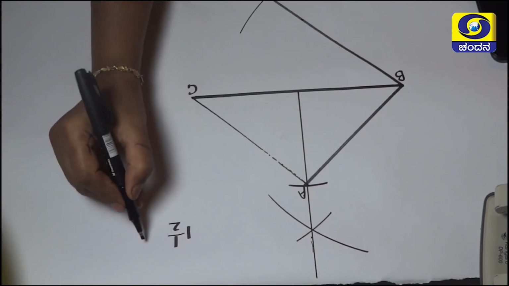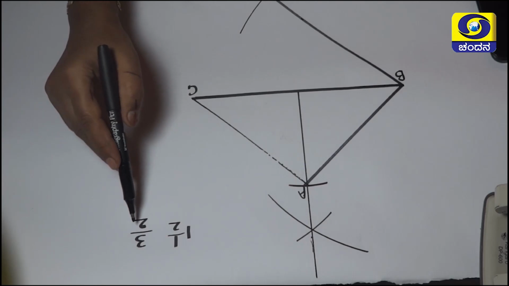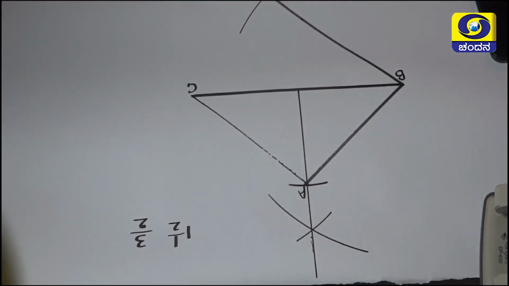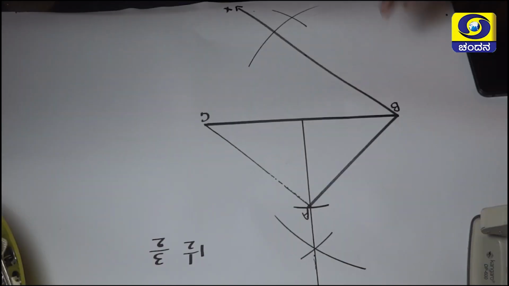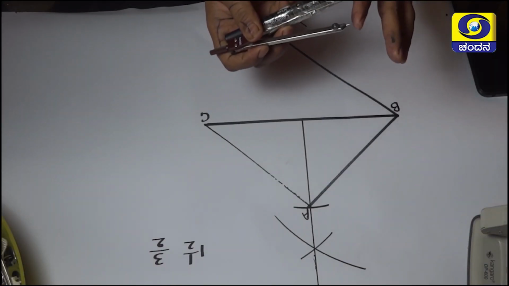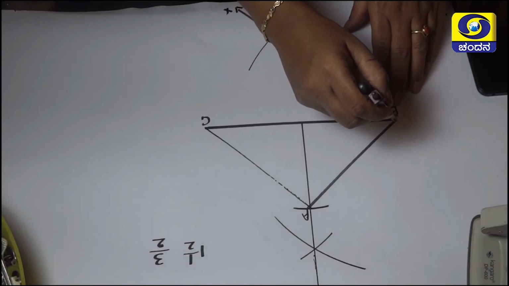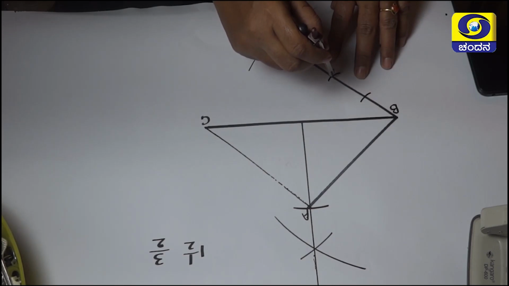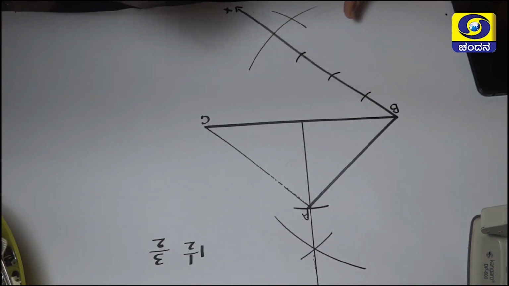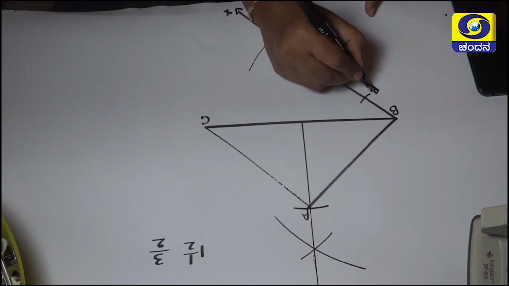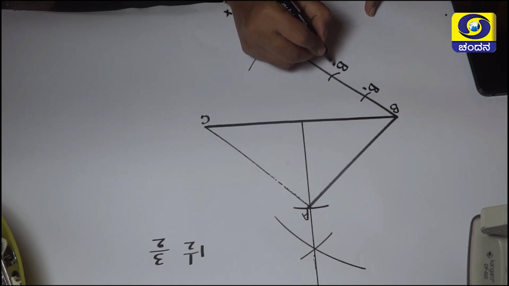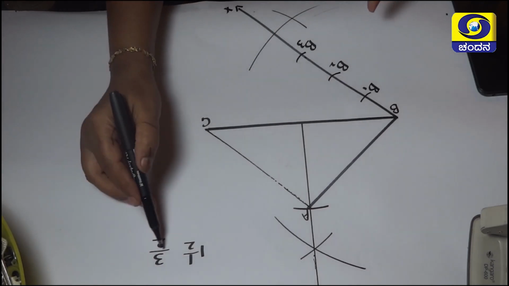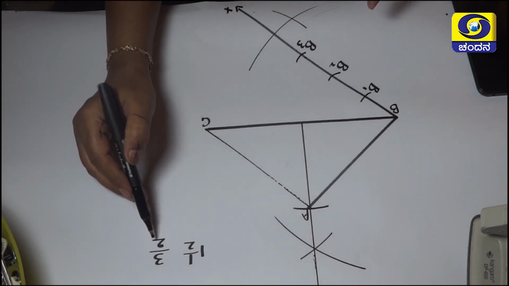It means 3/2. We have to make 3 parts on the ray BX. Taking convenient length of the compass, let me make 3 marks on the ray. Let us name these marks as B1, B2 and B3. Now focus on the denominator as it is 2.